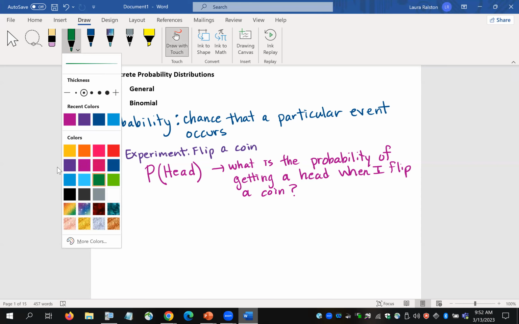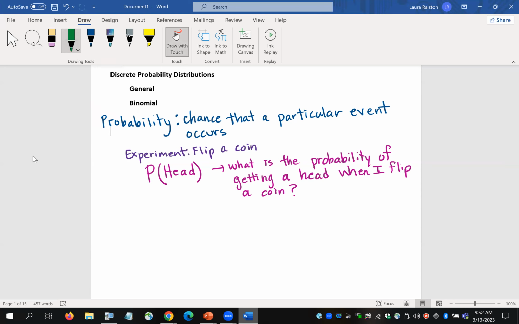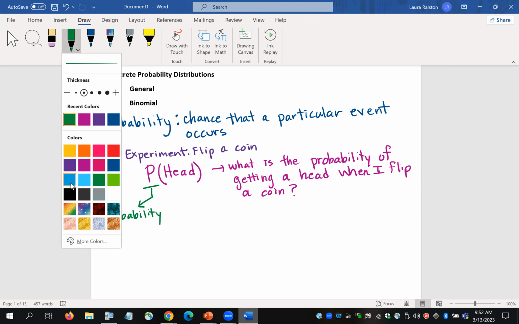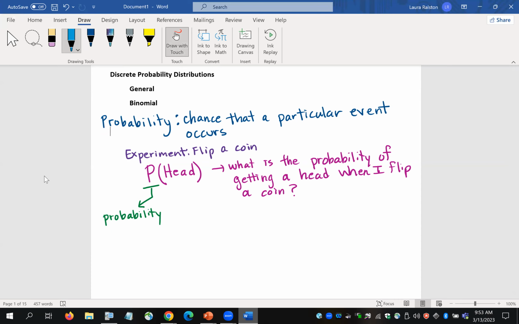Okay, so let me give you some pointers here. The P, hopefully it's obvious, stands for probability. The word or symbol inside the parentheses is your event of interest.